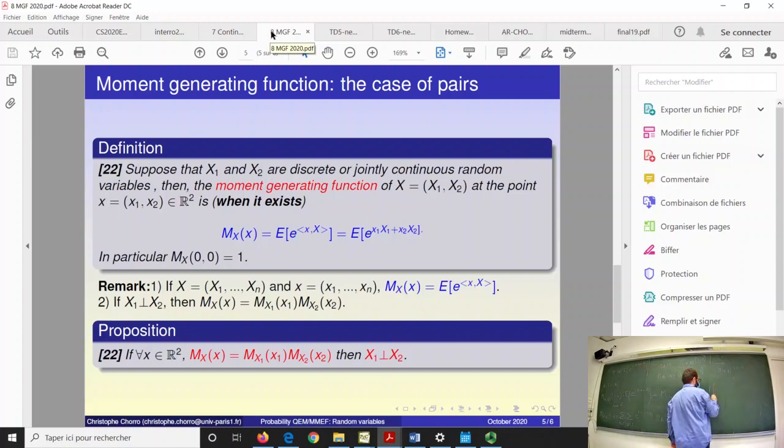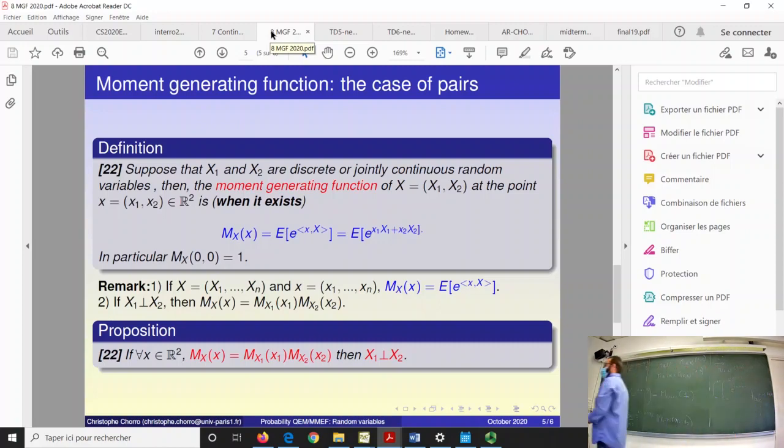Integral from minus infinity to plus infinity, integral from minus infinity to plus infinity of exponential t x1 plus s x2 multiplied by the joint density of the pair at the point x1, x2, d x1 d x2.